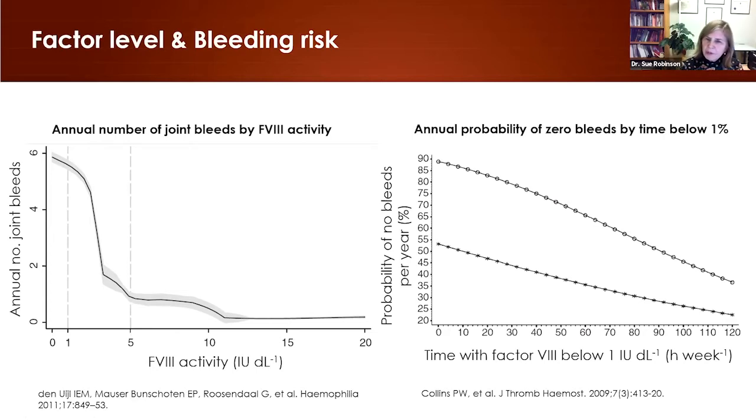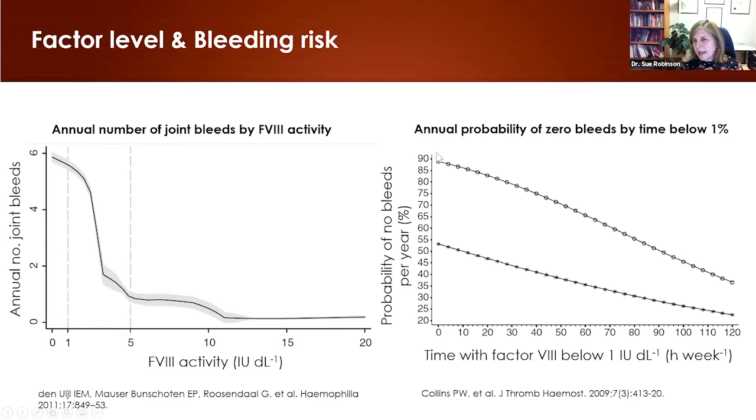And on the vertical is, you got to get your head around this, it's the probability of no bleeds per year. So the best scenario is that you'd have 100% no bleeds, you'd be up here. So if there's no time at all that you're less than 1%, that correlates with pretty well 100% no bleeds.